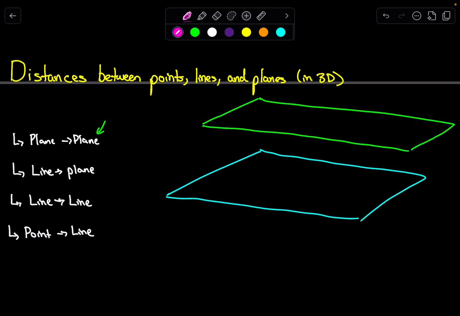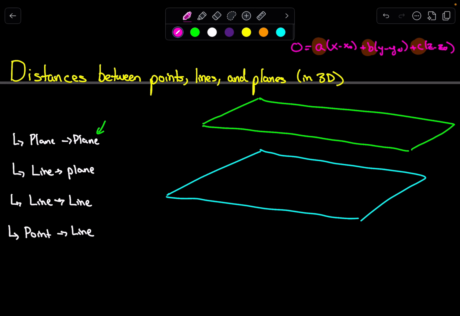And just as a reminder, when are two planes going to be parallel to each other? Remember, the general equation of a plane is a times x minus x naught plus b times y minus y naught plus c times z minus z naught, and all of this is equal to 0. The equations of the planes are going to vary, but their normal vectors will either be the same or they will be some multiple of each other.